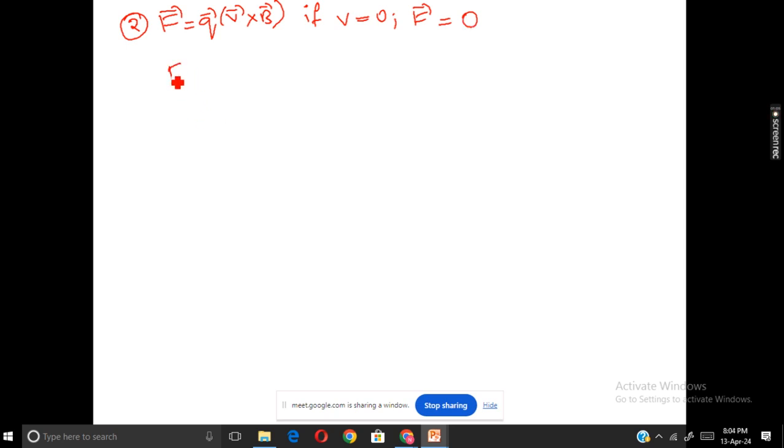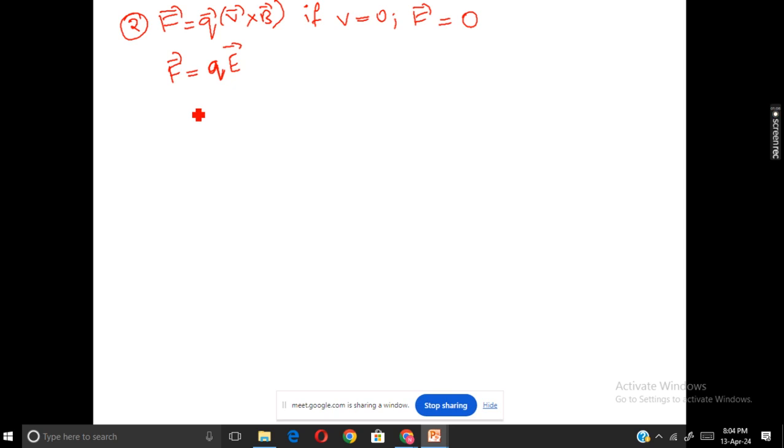Electric field exerts force on stationary charge, that is true, and it also exerts a force on a charge that is having a velocity v. So it is not only on stationary charge, it exerts force on stationary charge as well as a charge that is moving. So the second one is false.